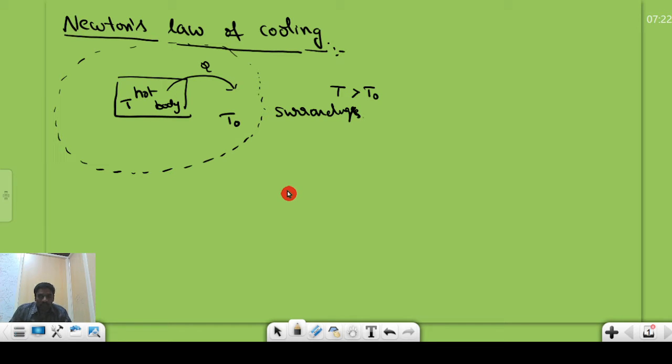He assumed that the temperature difference between the hot body and surrounding is very small. That means T minus T naught is a small value.